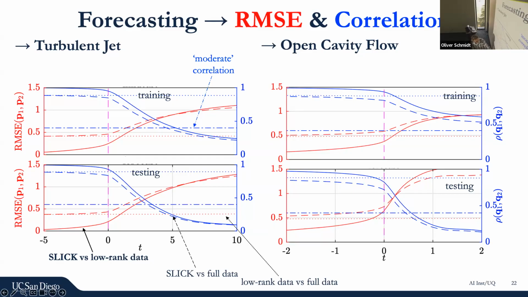But as you can see here, over about 5 non-dimensional time units, this is for the turbulent jet, we get forecasts that one would still deem at an acceptable level. So the model worked surprisingly well.